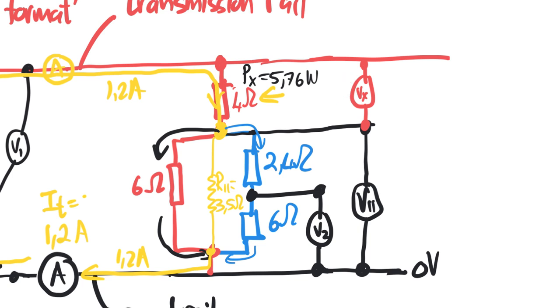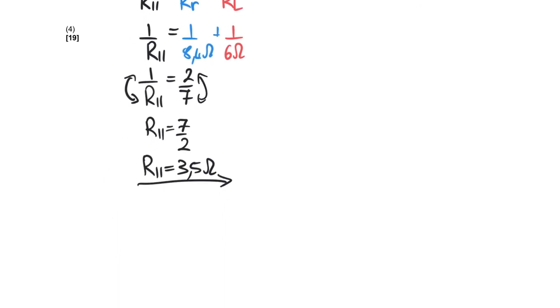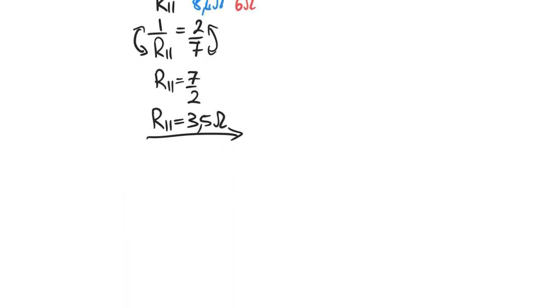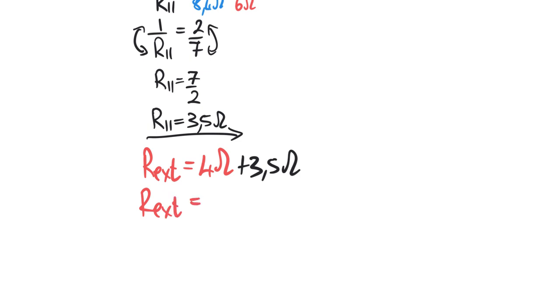So we can explicitly say that R external is going to equal the 4 ohms plus the 3.5 ohms, and that's going to give us that the total external resistance is going to be 7.5 ohms.